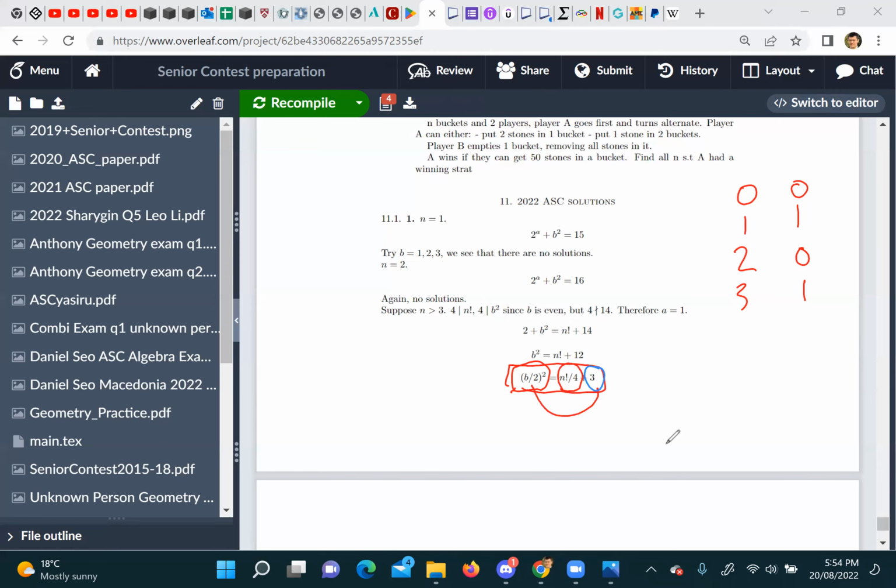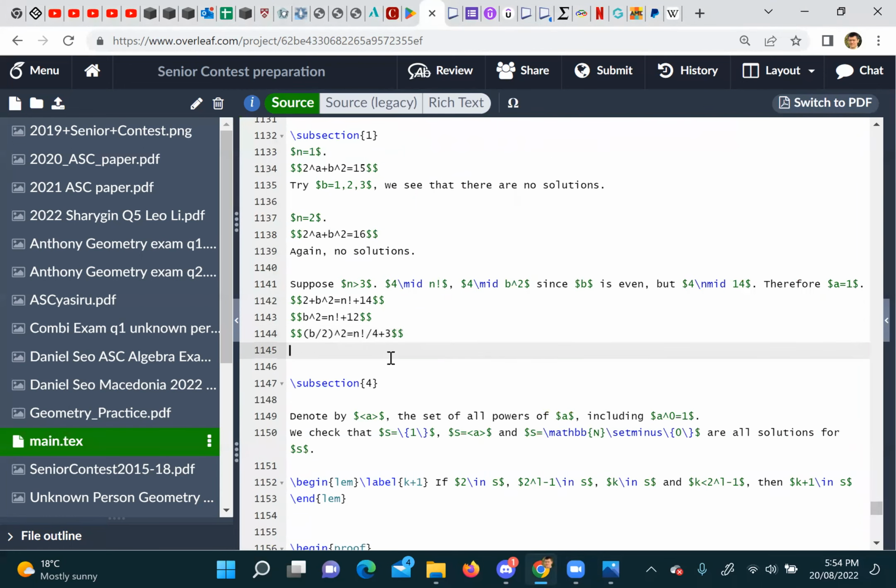Does that make sense? Since there are no squares congruent to 3 mod 4, n factorial over 4 must not be divisible by 4, yeah?